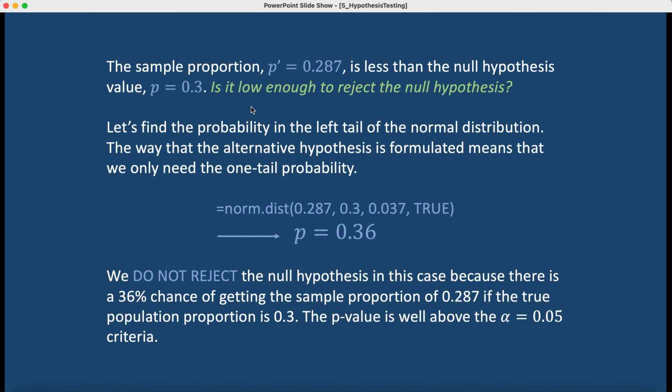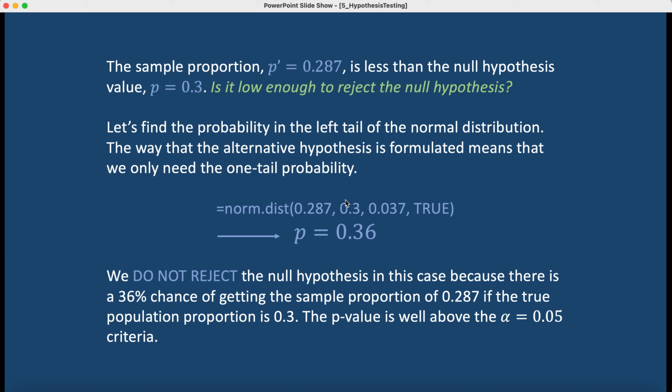Okay, so what we want to know is, is this value low enough to reject the null hypothesis? So we calculate the probability. Again, doing this calculation in Excel, we're using the normal distribution here, equals NORM.DIST, and then we put in the value of the sample.